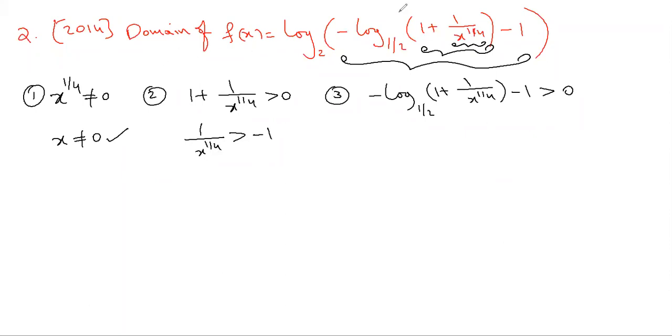Actually, we forgot to mention that condition. Power 1 by 4 is basically root of root. So instead of not equal to 0, we can write greater than 0 for this condition, because x power 1 by 4 is root of root x.